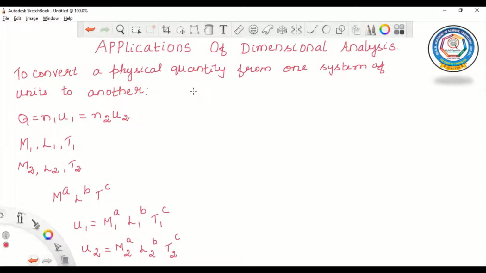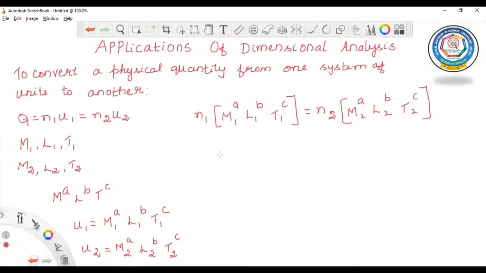So, we can write N1 M1 power A, L1 power B, T1 power C is equal to N2 M2 power A, L2 power B, T2 power C. Let us assume N2 is the value in the other system.